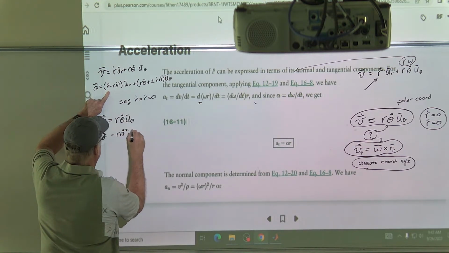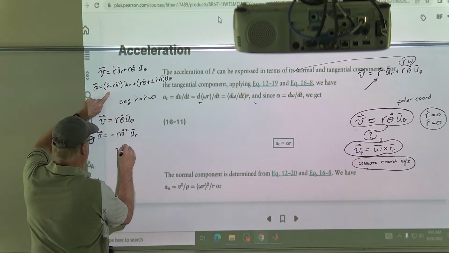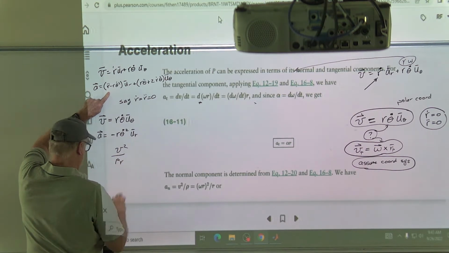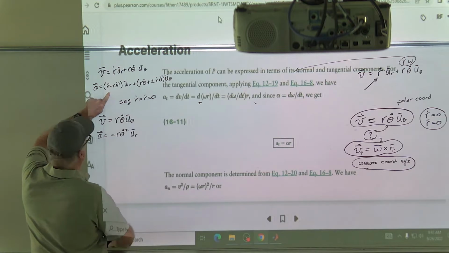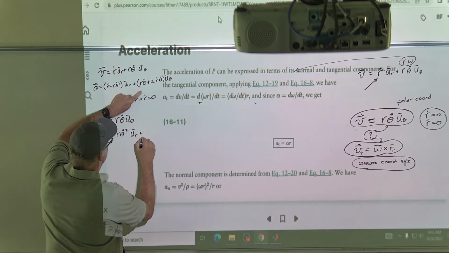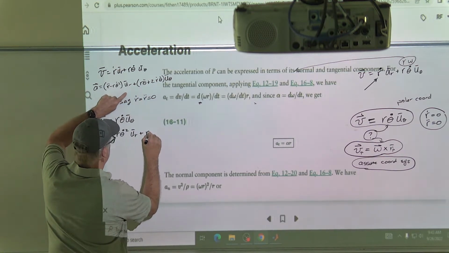This one's not. This is the centrifugal, the same thing as V squared over rho, or R, whichever one you want to do. And then you get this term; that one's gone, this one's not.